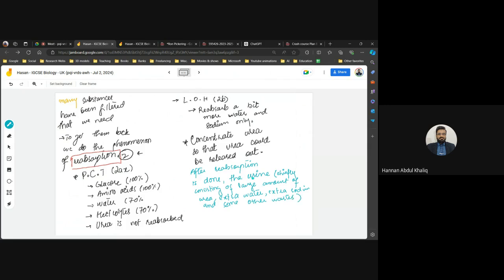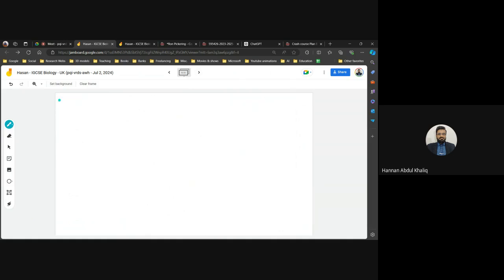After reabsorption is done, the urine is flushed into the ureter, stored in the urinary bladder, and released through the urethra upon proper stimulus.